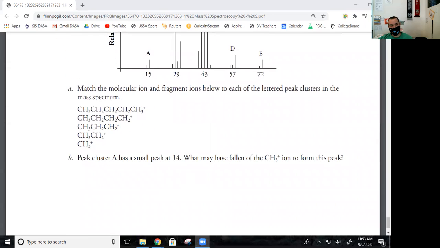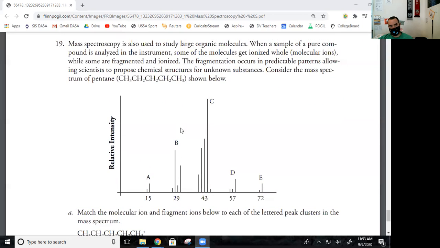And remember that 43 is going to be this guy right here, CH3CH2. That's most common because it's easier to break the chain here and here, at the ends. Make sense?